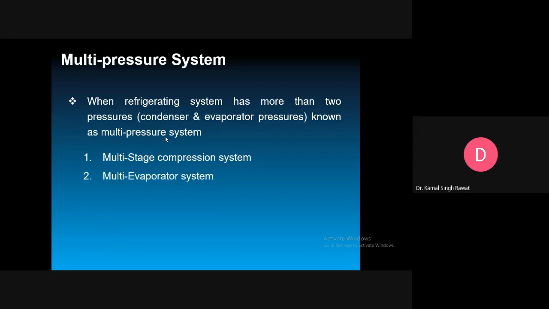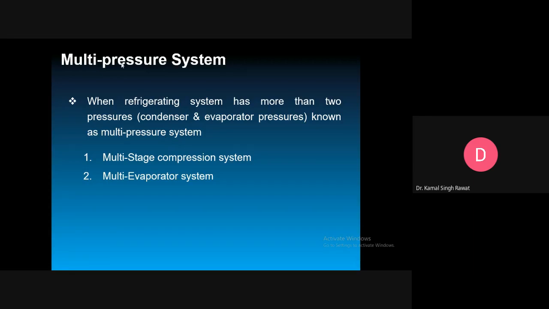And the second option is multi evaporator system. In the multi evaporator system, we have two evaporators. There are several applications in which we require refrigeration in two different temperature ranges. A perfect example for multi-evaporator system is a dairy farm. In the dairy farm, we require temperature in the range of -20 or -30 and at 7 degrees centigrade.